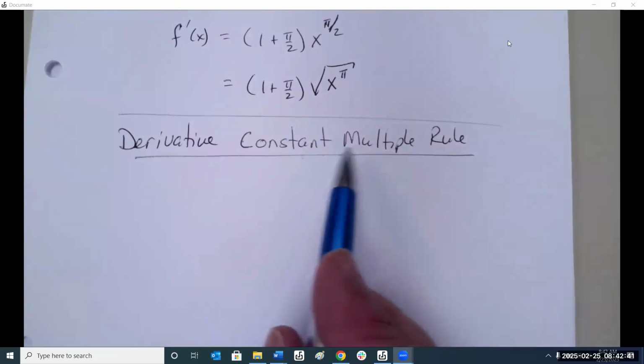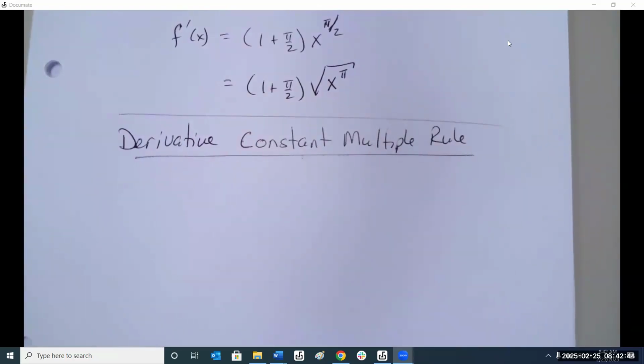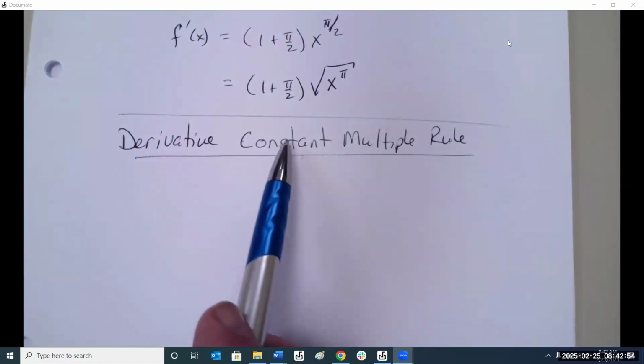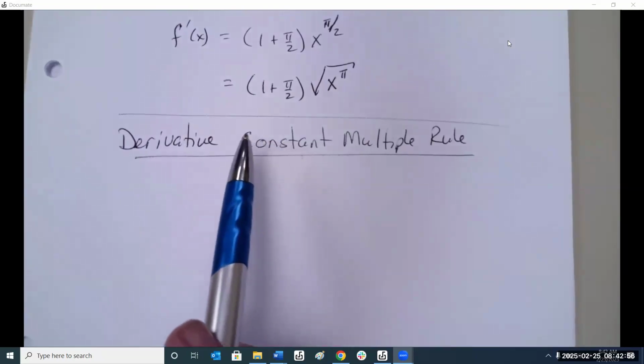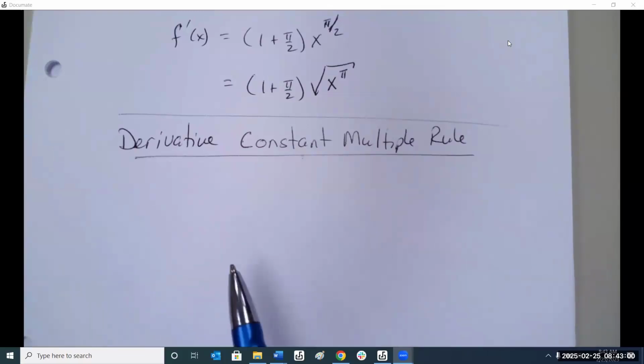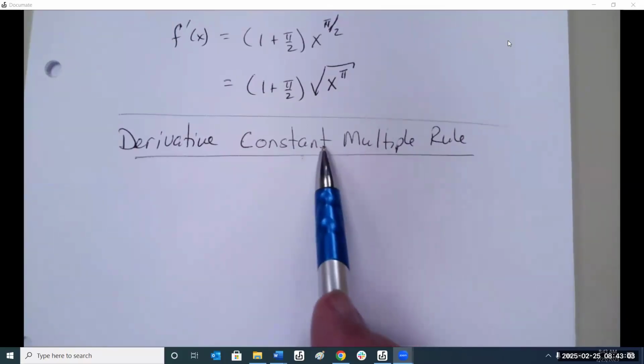What is a constant multiple? What does a constant look like? A number. It's just a number. A constant is a number that never changes. It can't be x because x is a variable. It could be pi. It could be 3. It could be 7.